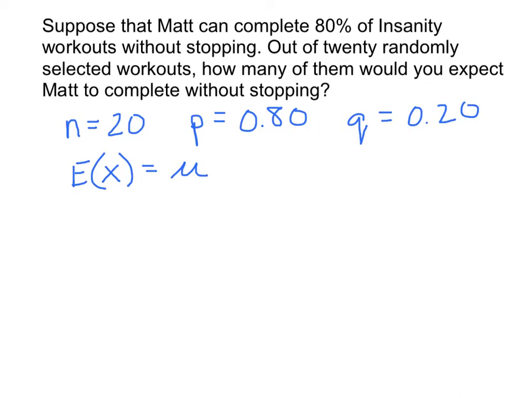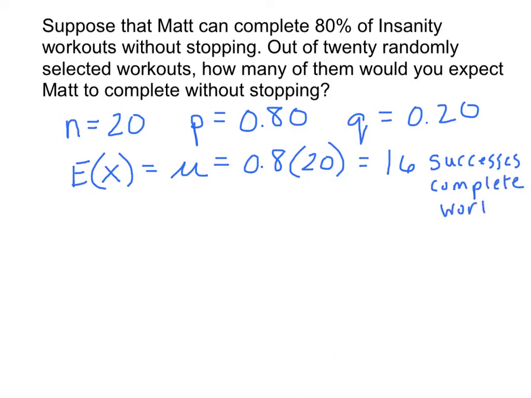What you did to get that 16 is you just multiplied the 80% times 20. Out of 20 workouts, you expect him to get 80% of them, and that's going to be 16 successes, or 16 complete workouts.